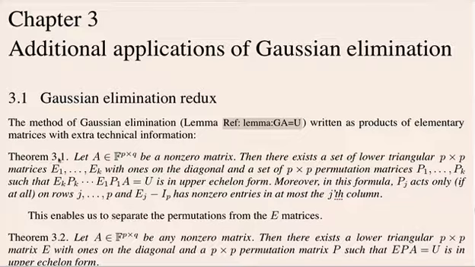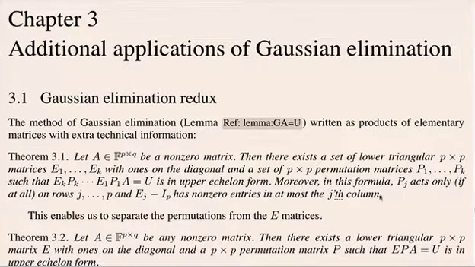And Theorem 3.1 is: let A be a P by Q non-zero matrix. Then there exists a set of lower triangular P by P matrices, E1 through EK, with ones on the diagonal, and a set of P by P permutation matrices, P1 through PK, such that EK PK and so on, E1 P1 times A equals U, which is in upper echelon form.